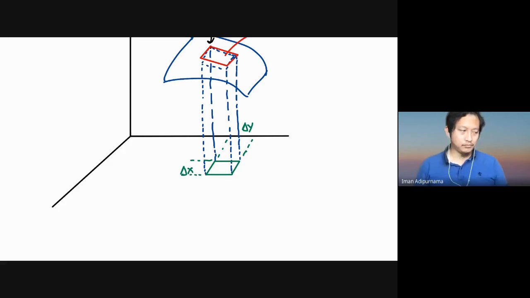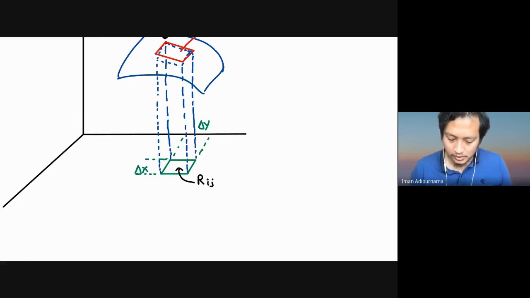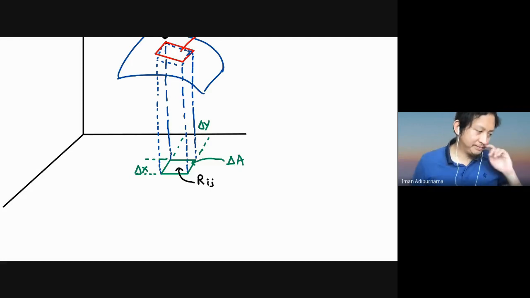And let's name this region R, and in this R is our delta A. Now to make it more clear, let me move this first.